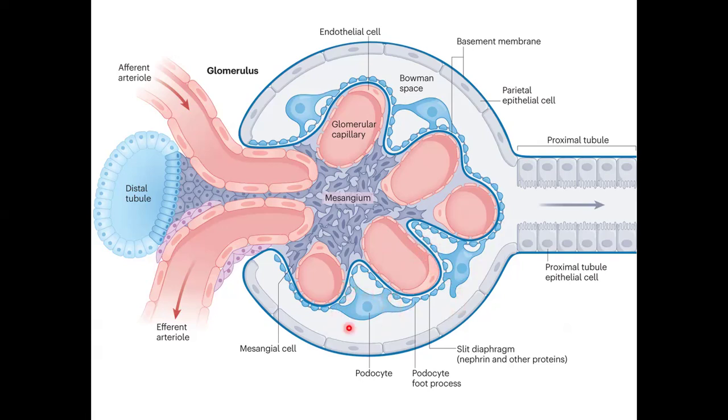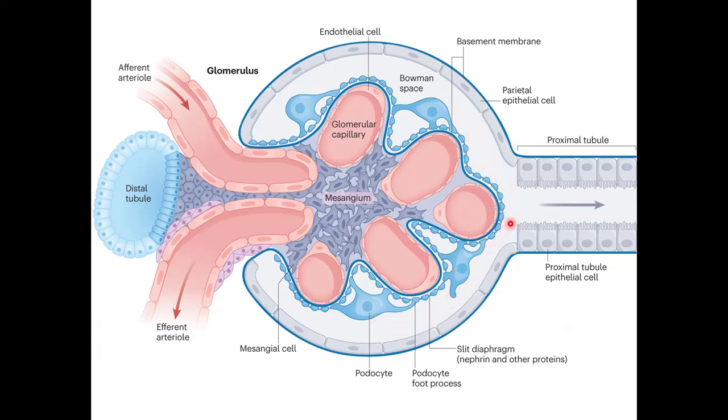These are pedicles. Then you have the slit diaphragm, those spaces left by the pedicles. Then there you have the simple squamous layer of the glomerulus, which is not shown here. So those are the layers the filtrate passes through: simple squamous layer of blood vessel, basement membrane, and the simple squamous layer of the Bowman's capsule. Then it collects here as the filtrate.